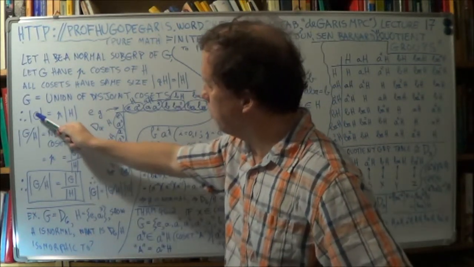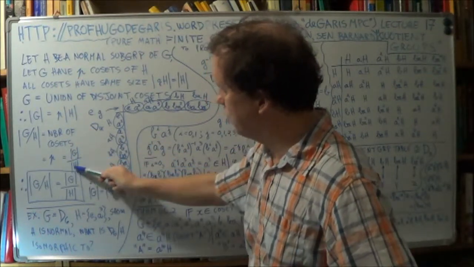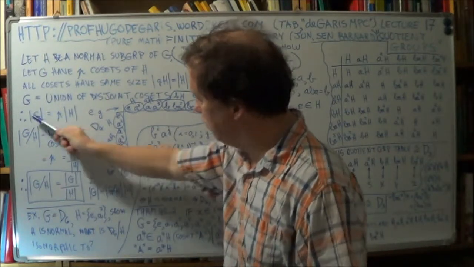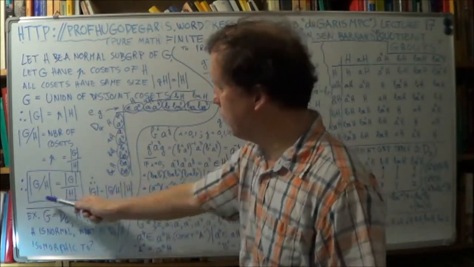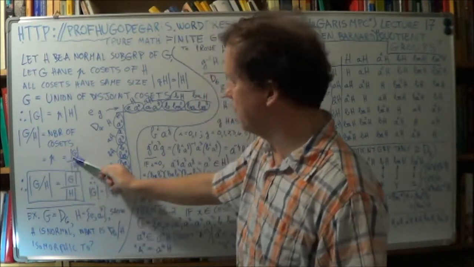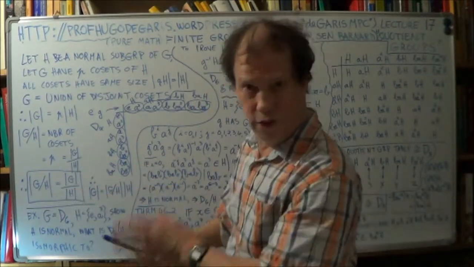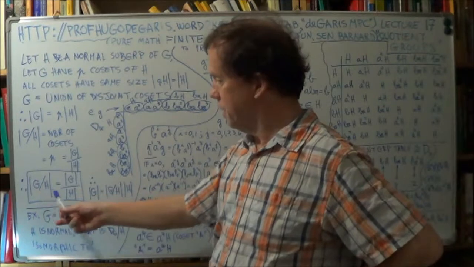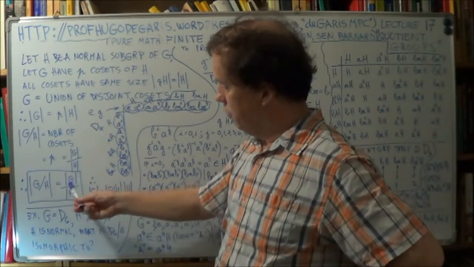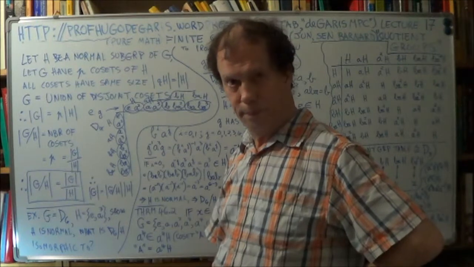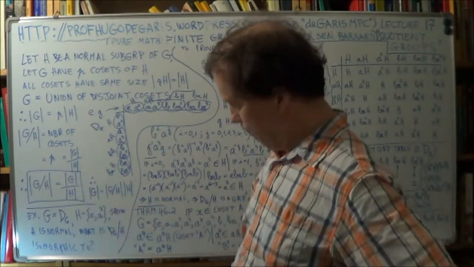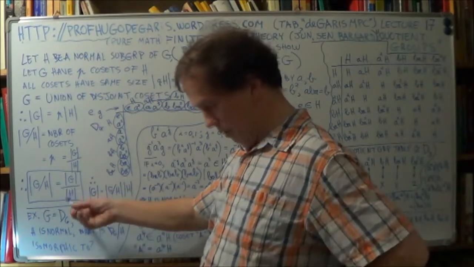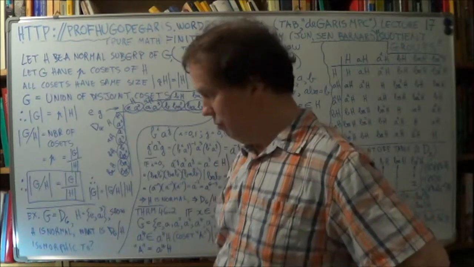Well, p is mod G divided by mod H. So therefore you've got this very simple relationship: the size of your quotient group is just the size of your group divided by the size of your subgroup. If you want to find the size of this, you just look at the size of your group and divide it by the size of your subgroup. And that's it. Really easy.